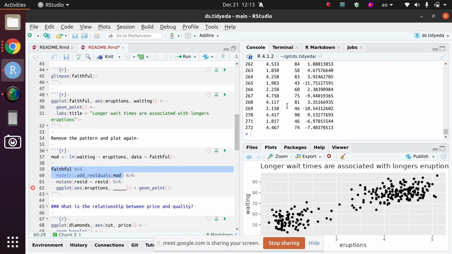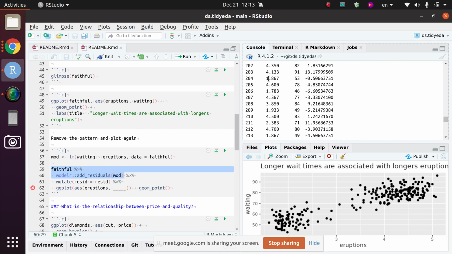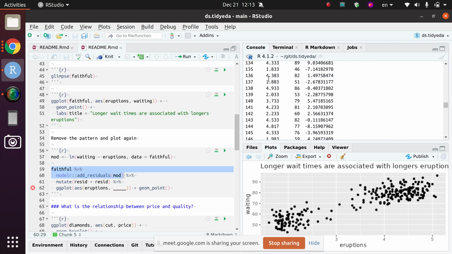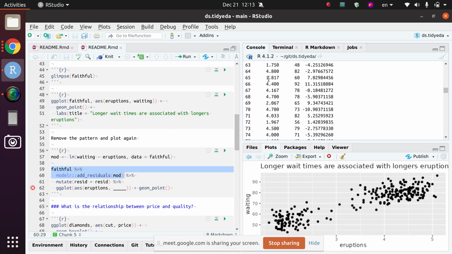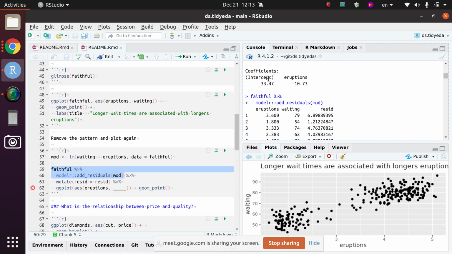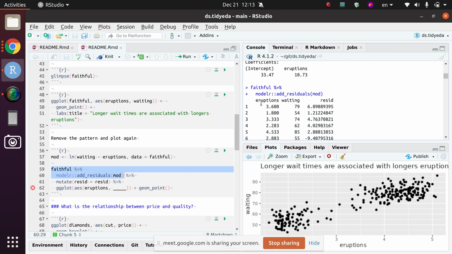This dataset was a dataset with only 2 columns, waiting and eruptions. And now we have another column that is called resid, which is the one that we just created. Let me go back to the top. Here we saw eruptions and waiting were the ones that came with the dataset, and we have just added resid. We did that by calling this function here.